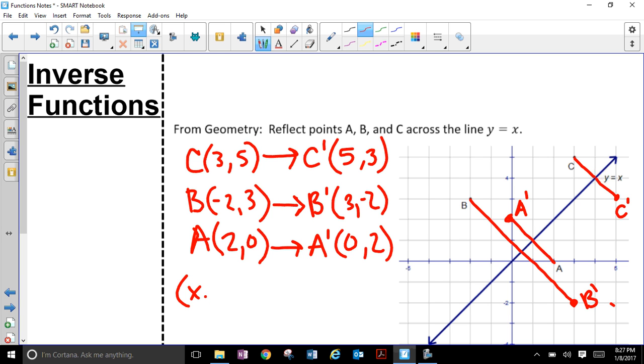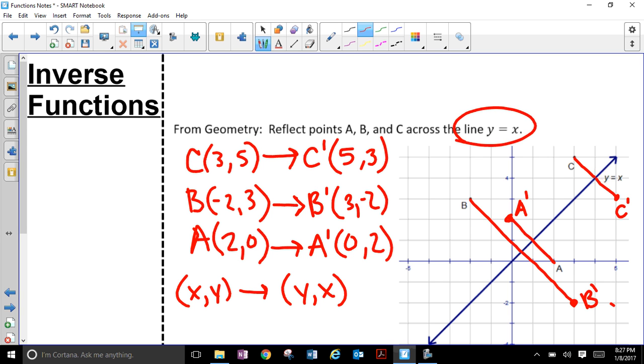We're taking any original point, whatever that happens to be, and when you reflect it over the y equals x line, all you're doing is taking the coordinates and flip-flopping them. So whatever the y value was of the original one is now the first value of this coordinate, which becomes the new x value. And whatever was the x value of the original goes in the second position, which now makes it the y coordinate of that point.